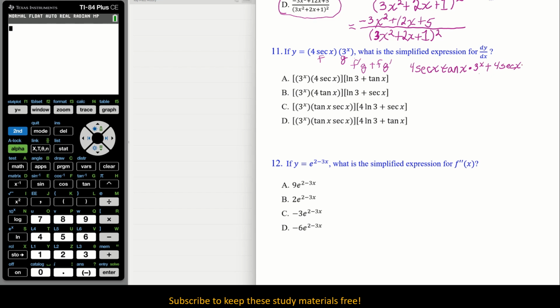So that gives us 3 to the x power ln 3. Now we need to pick out the elements that we can factor out. Which terms are safe to pull out? Okay, I see that we have 4 secant x on both sides of our plus.